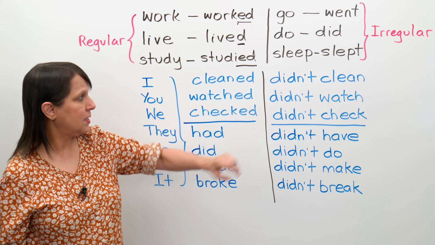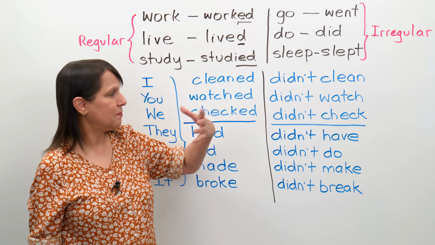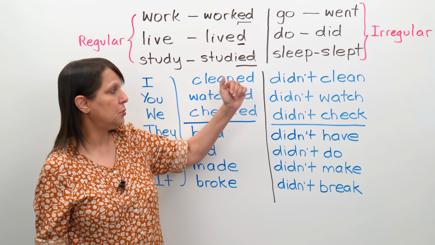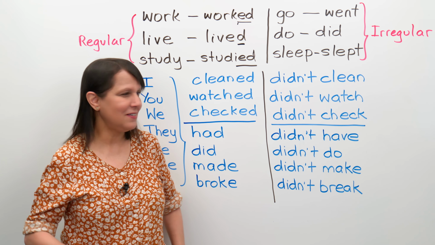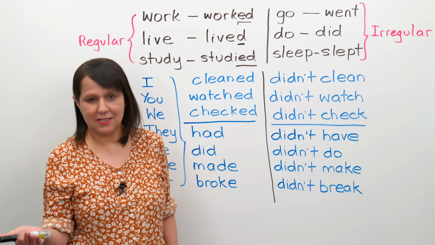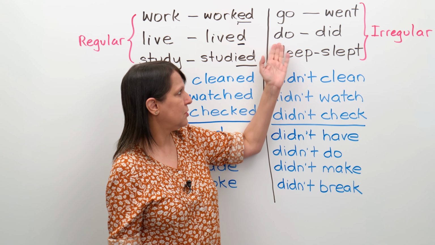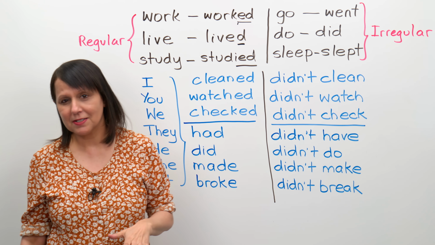Let's look now to the other side at the irregular verbs. So, examples of irregular verbs are go, do, sleep. Why are they irregular? Because look what happens when we put them into the past simple tense. Go becomes went. Do becomes did. And sleep becomes slept.